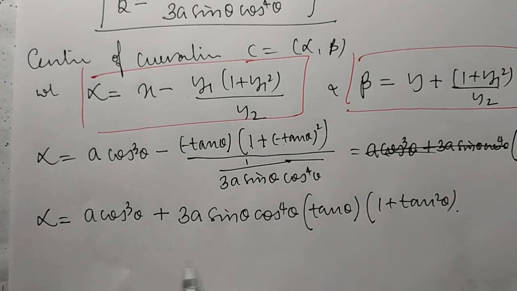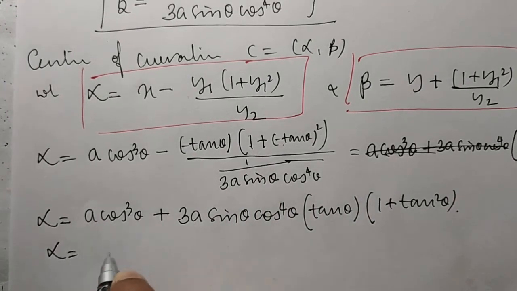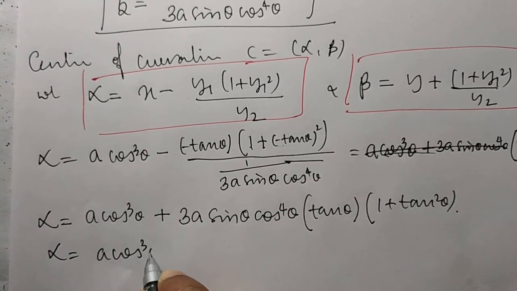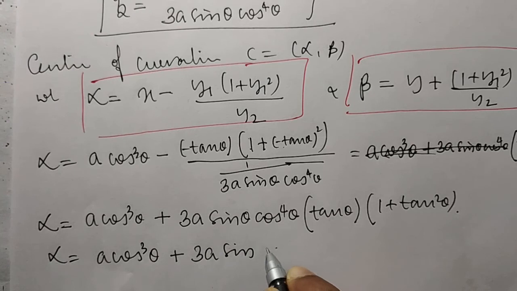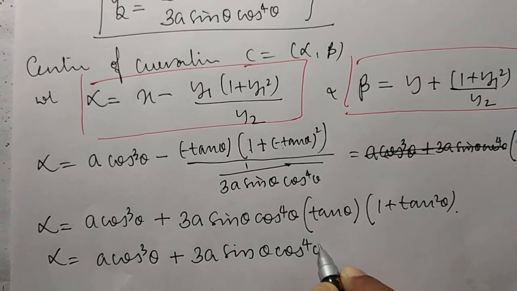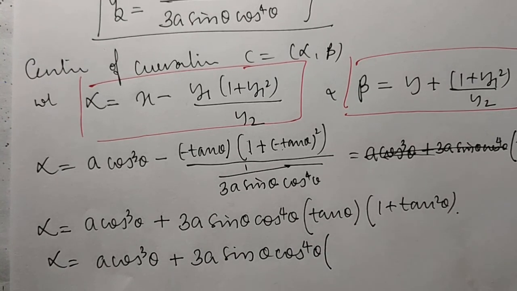Clear? Therefore, alpha is equal to a into cos cube theta plus 3a into sin theta into cos raised to 4 theta into cos theta. How do you take this cos theta?